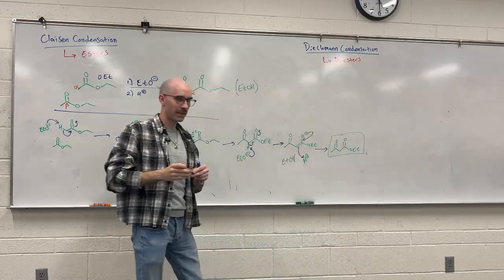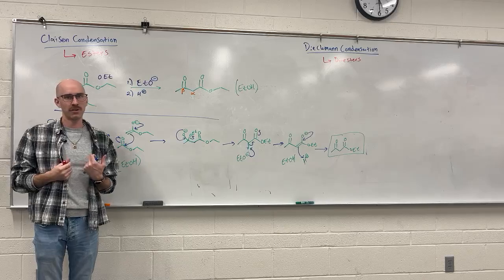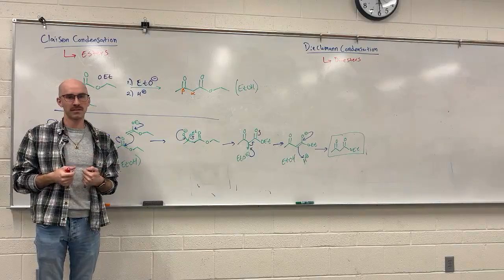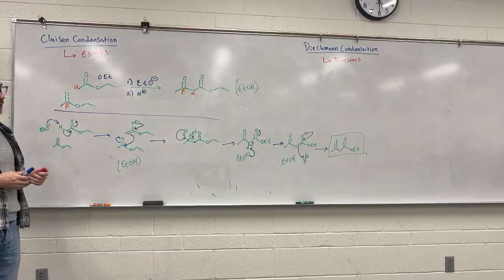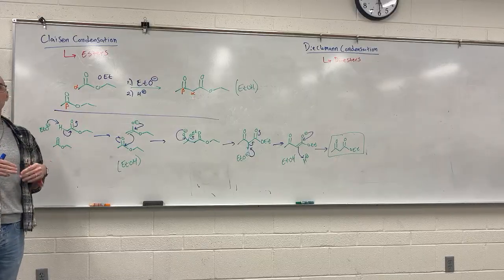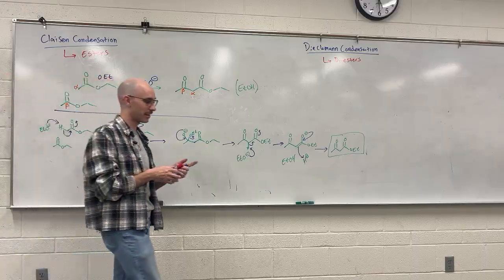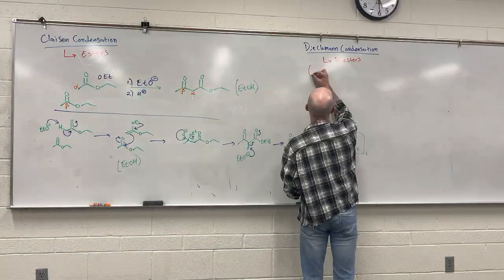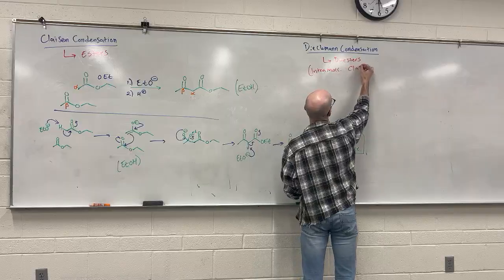I'm not sure if Claisen and Dieckmann knew each other, but they were just killing the same bird with the same stone. The Dieckmann condensation is an intramolecular Claisen condensation. That is all it is. Intramolecular Claisen.